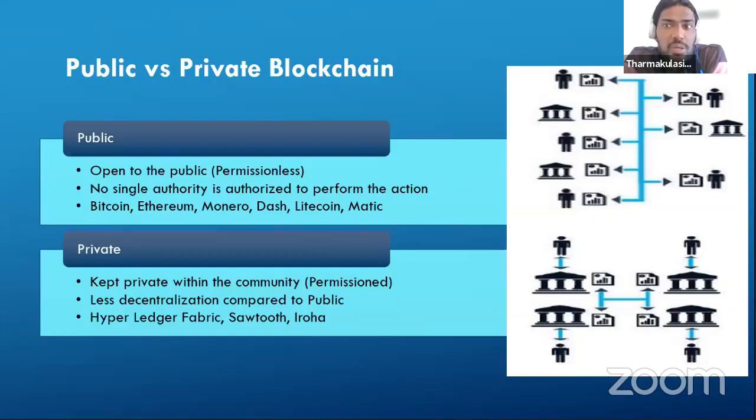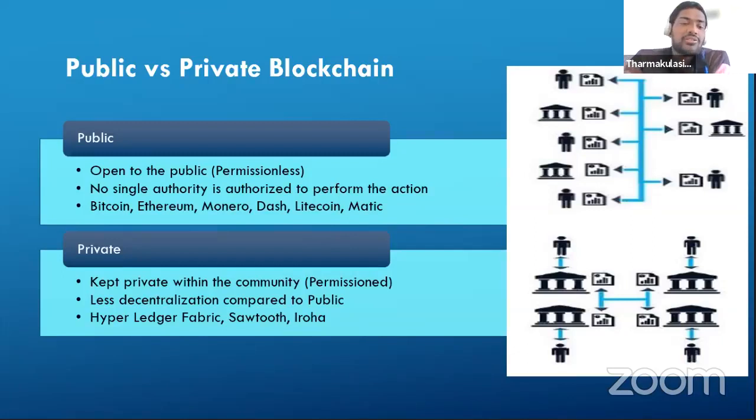But the problem with these public blockchains is that they are slow, normally 7 transactions per second, and there are scalability issues. You cannot go big because the blockchain lengths are high and it takes a lot of time to process. And there are current concerns about energy, green energy.